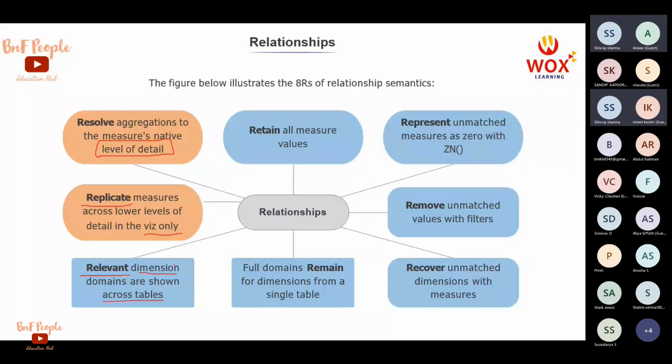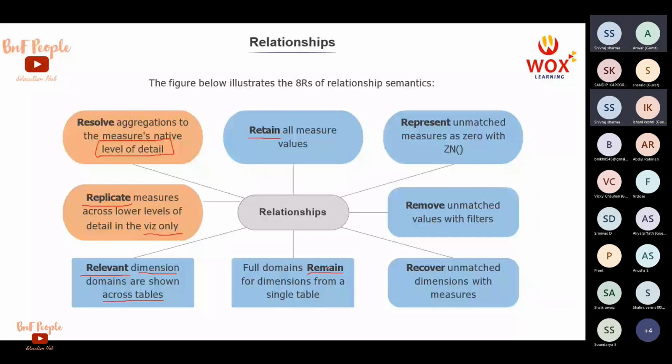It retains all the values. So while using relationships, you will not lose any single data. Full domains remain for dimensions from a single table. I will explain those things in later sessions, but there are two things.